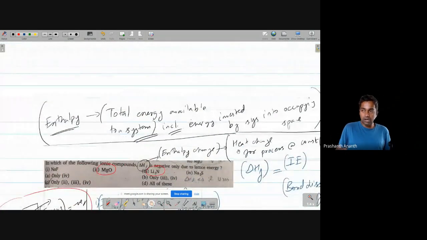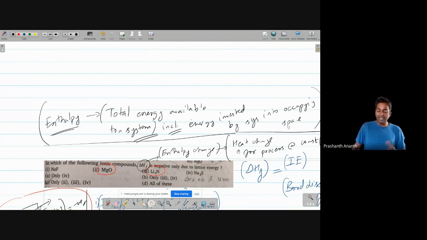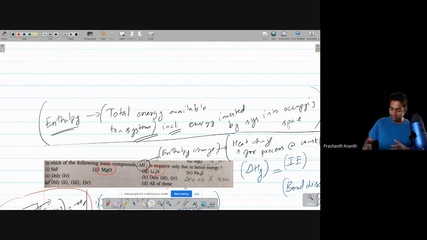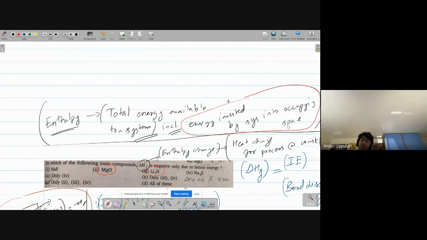Because enthalpy is effectively this. If I'm having, say, me as a system or you as a system or any system, let's say I'm taking a gas in a box. All right. There is some energy available to that, right? But at the same time, I have added one extra thing here: energy invested by the system into occupying space.